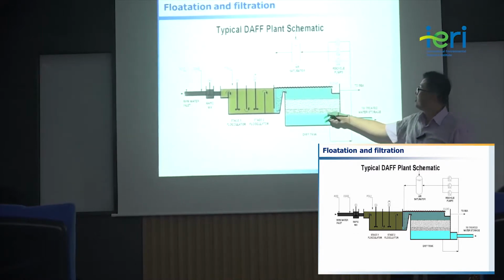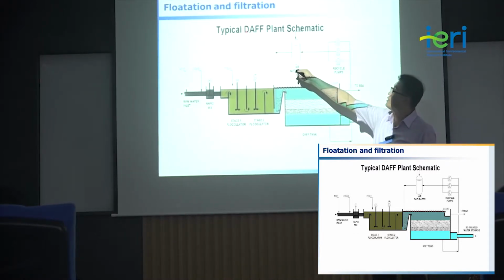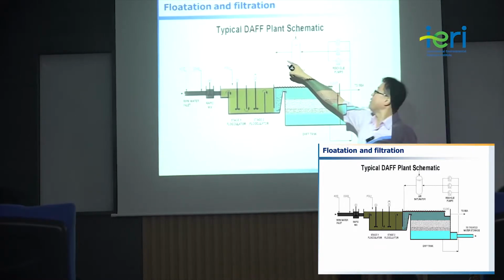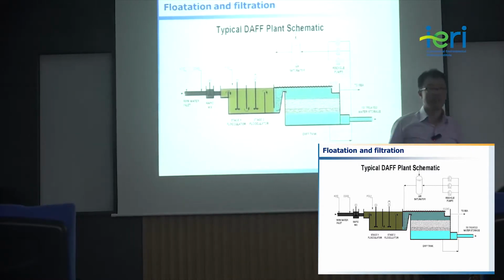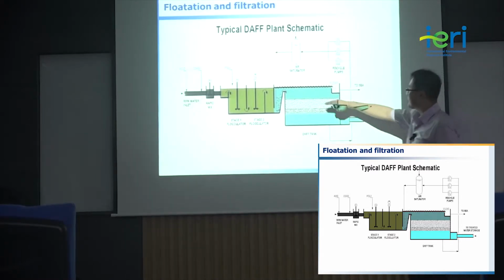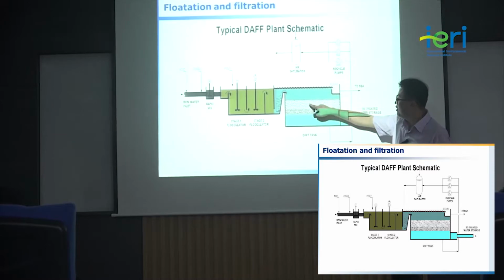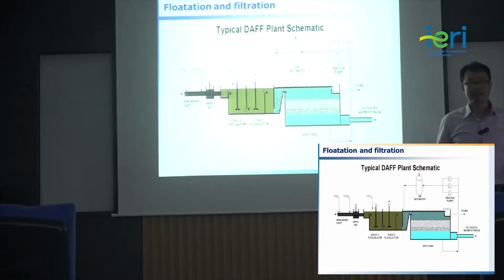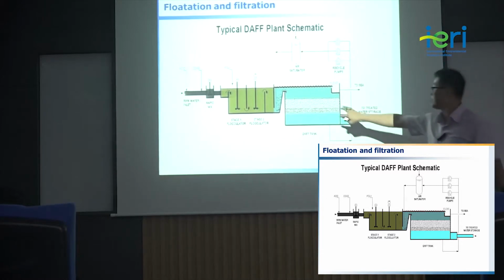In this step, this is called dissolved air flotation, DAF. And the next step means filtration, DAF and F. So the cleaner part moved to this media filter. In this Gijang plant, they have ball filter for this step.